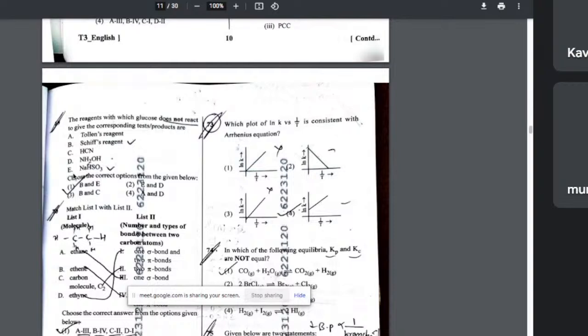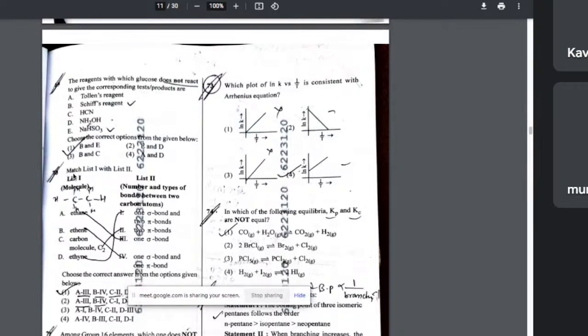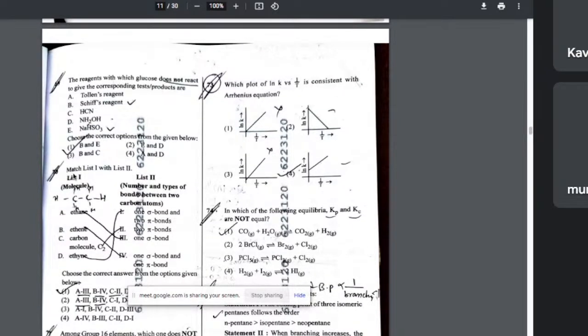Match list first with list second. So first, ethane. In ethane, if we check, there is one sigma bond between carbon and carbon. In ethene, there is one sigma bond and one pi bond. So A will match with the third option and B, ethene, will match with the fourth.